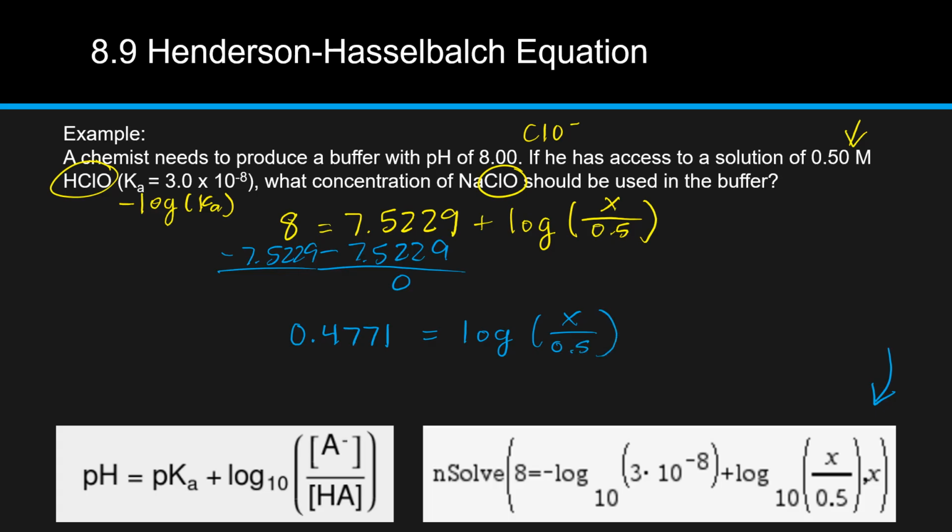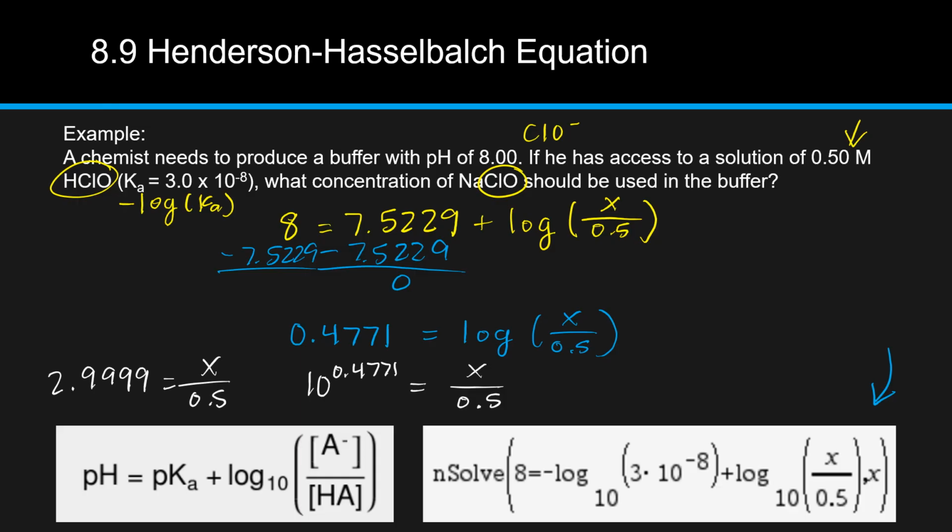Now to get rid of log, I know I need to take 10 to the power of that. So I'm also going to do 10 to the power of 0.4771, which is equal to 2.9999. That's going to be equal to X over 0.5.